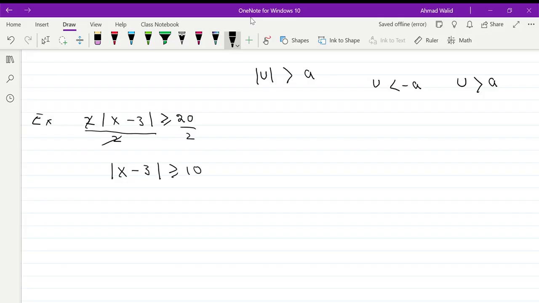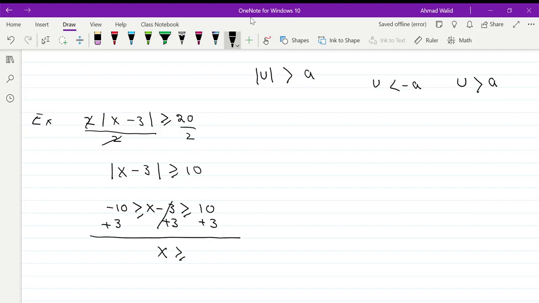Now remove the absolute value sign and solve. X minus 3, copy the symbol, greater than or equal to, less than or equal to. On this side 10, on this side negative 10. Now add 3 to all sides. These two cancel out. X greater than or equal to 13, less than or equal to negative 7.